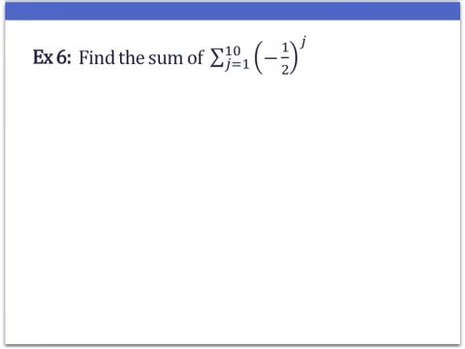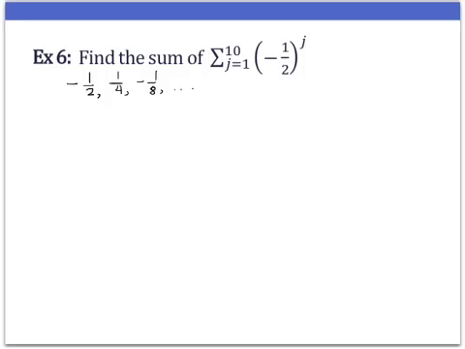Now our next example is going to involve a ratio that is a negative and a fraction. And so let's look at what the series would be. If we begin with j is equal to 1, you have a negative 1/2. If j is 2, you've got a positive 1/4. And then you end up with a sequence that looks like this.